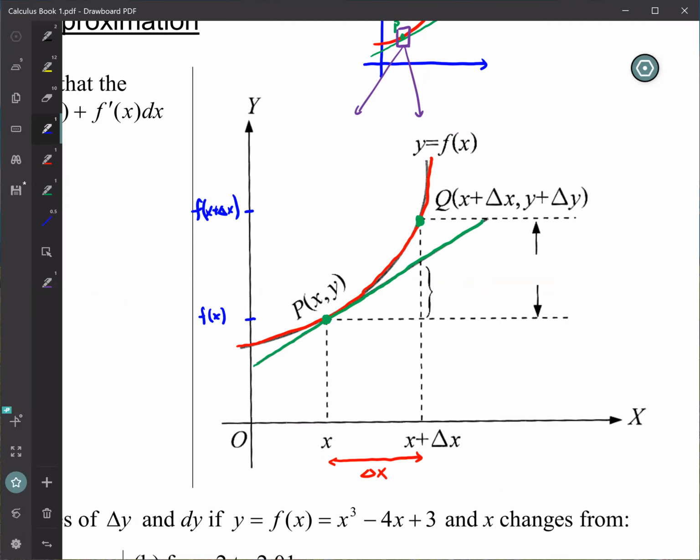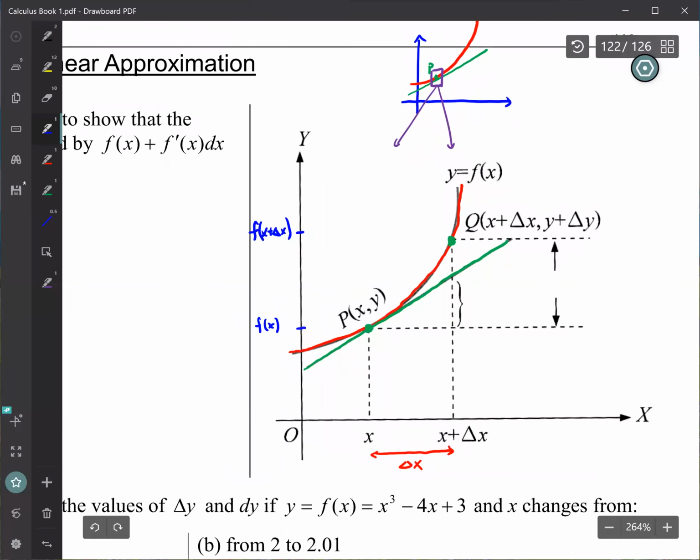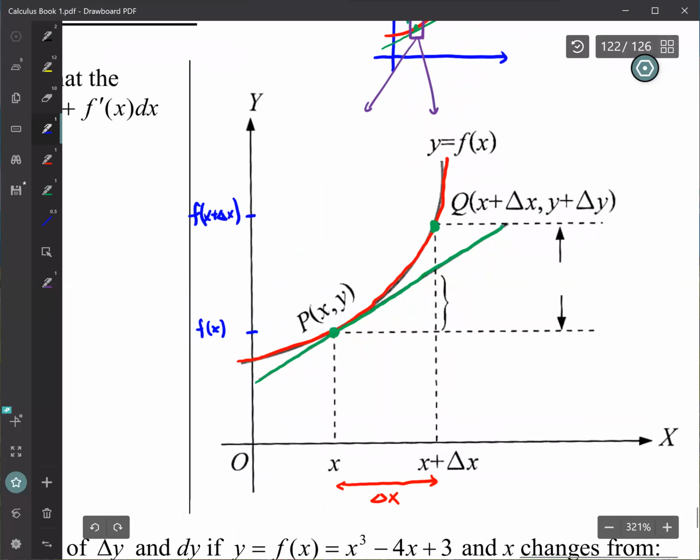So now we are going to talk about the gap here. For the tangent line, the green line, the slope, we use dy over dx to represent the slope of the tangent. So dy will be the rise, over the run. That will be here.